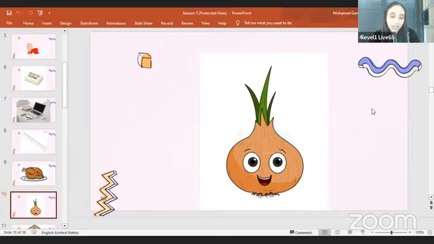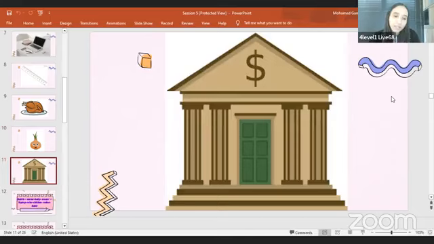Onion. Where are the other people? Yasmin said it's a happy onion. Yes, it's a very happy onion. It's smiling. Muhammad said onion. Amazing, everyone. Let's move to the next one.